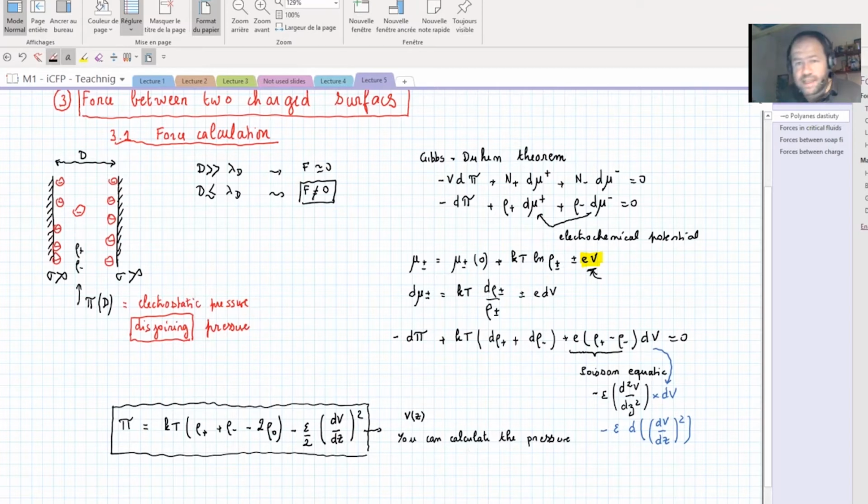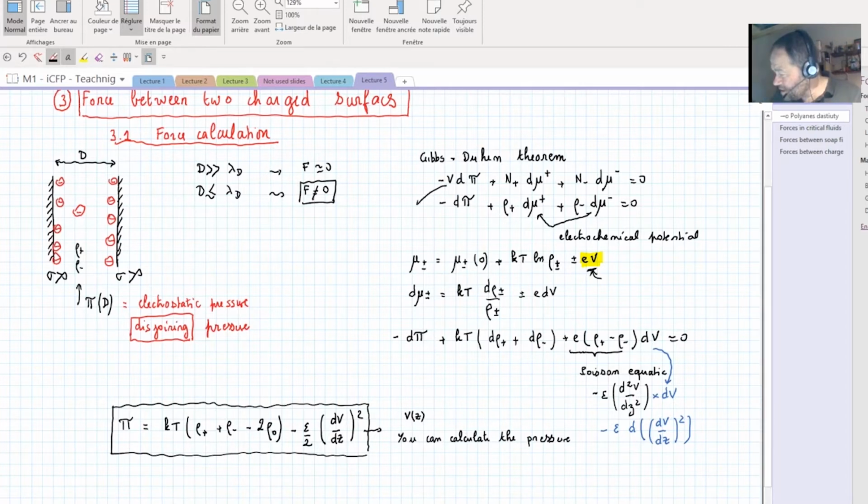Please, I have a question. Yes, in the first line of the Gibbs-Duhem theorem, V appears to be a pressure. That's why I'm asking the question. When you write V dP, V looks like a volume. Yes, I apologize for that.